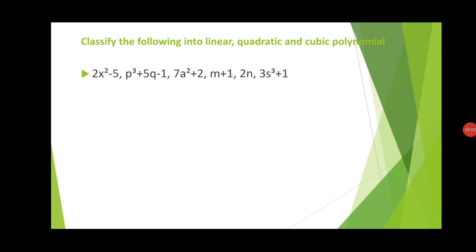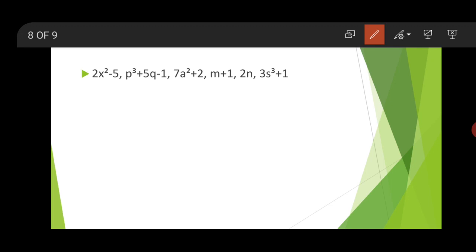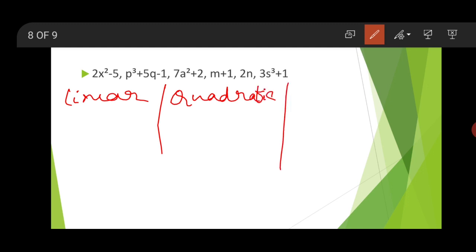Next, one more question for you. Classify the following into linear, quadratic and cubic polynomials: 2x square minus 5, pq plus 5q minus 1, 7a square plus 2, m plus 1, 2n, 3s cube plus 1. Classification into linear polynomials, quadratic polynomials, and lastly cubic polynomials.